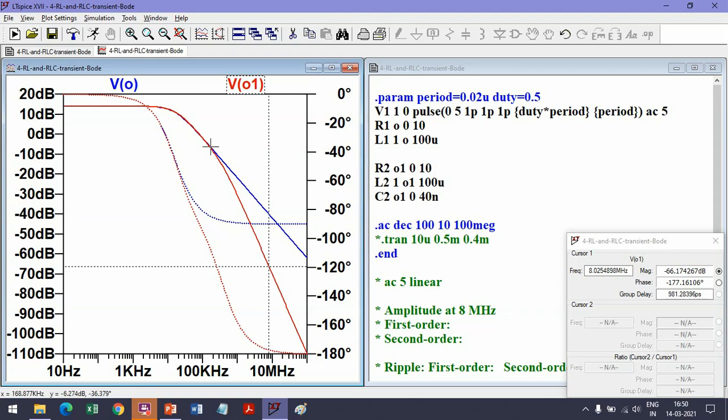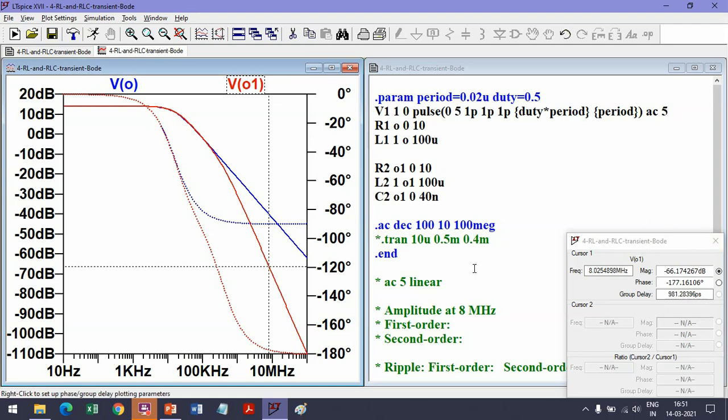We can see here this blue, the RL circuit, the voltage is dropping at minus 20 dB per decade. The RLC circuit, the voltage is dropping at minus 40 dB per decade, so that at 8 megahertz, the magnitude of the voltage is much smaller in the second order filter.